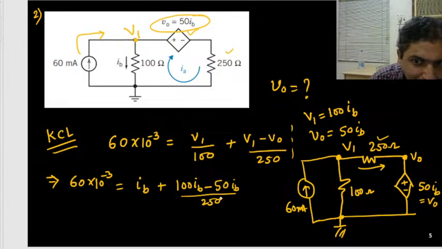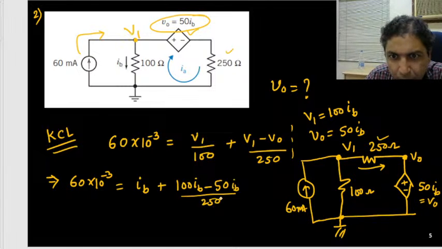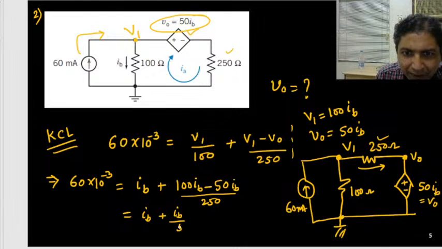So who can calculate for the IB? I hope we can solve for IB. Please let me know. This is IB. This is 50 IB upon 250, which means IB by 5.